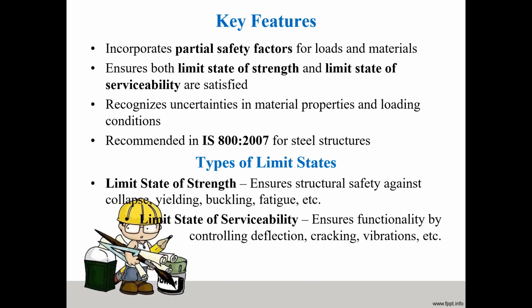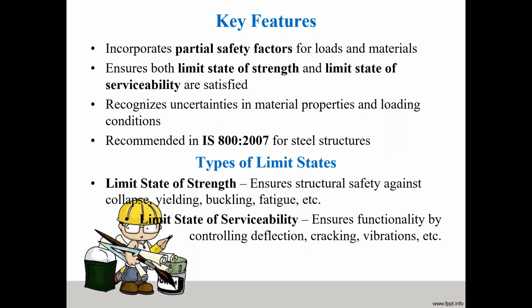Then the main key features are: incorporate partial safety factors for load and material, ensure both limit state of strength and limit state of serviceability are satisfied, recognize uncertainties in material property and loading condition, recommended in IS 800-2007 for steel structure.